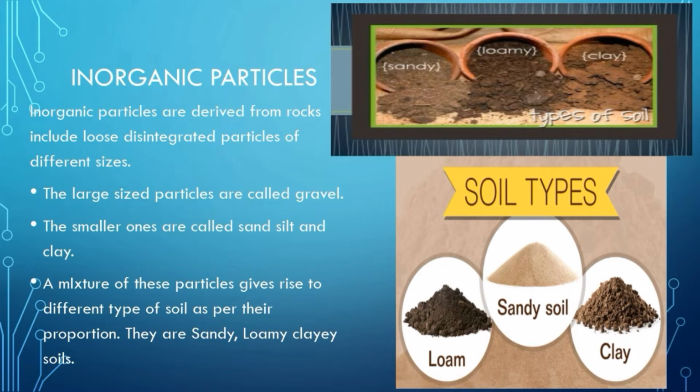A mixture of these particles gives rise to different types of soil as per their proportion. They are sandy, loamy, clayey, etc. Here in the given picture we have to see the names of sandy, loamy and clay soils.